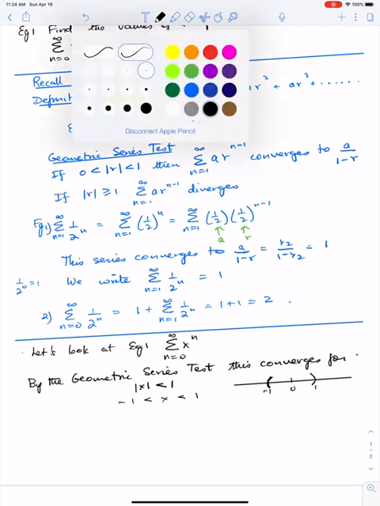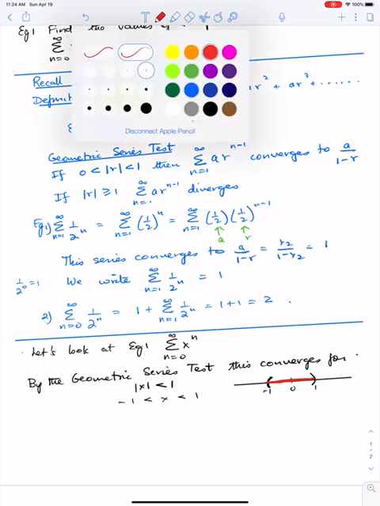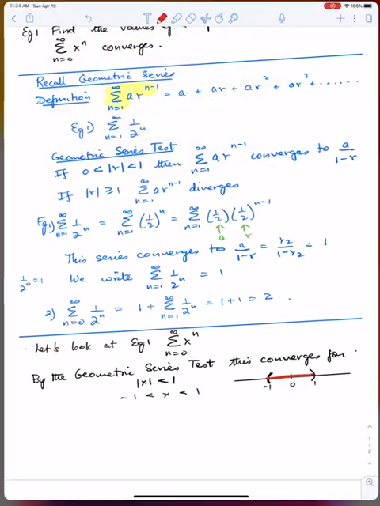And it converges on this interval and diverges everywhere else, diverges outside the interval. This is called the interval of convergence. So let's put that in red.